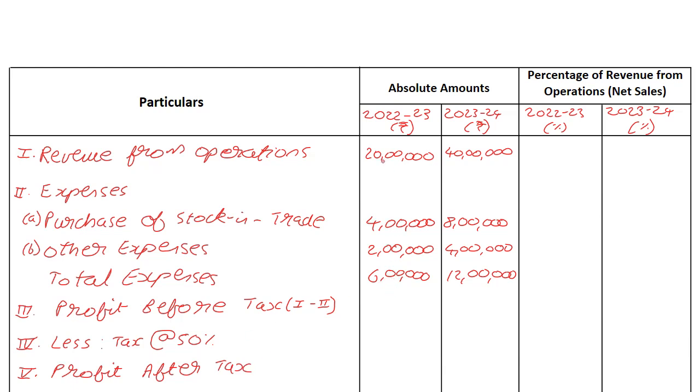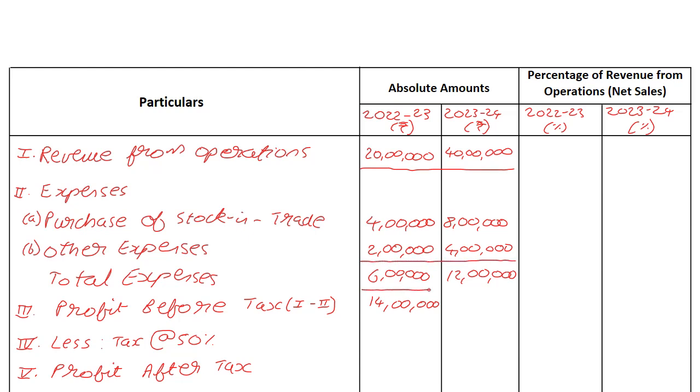Now that I've put in all the particulars, I can easily solve. My total expenses are 6 lakhs and my revenue from operations is 20 lakhs, so profit before tax is going to be 14 lakhs, because I'm subtracting total expenses from revenue from operations.